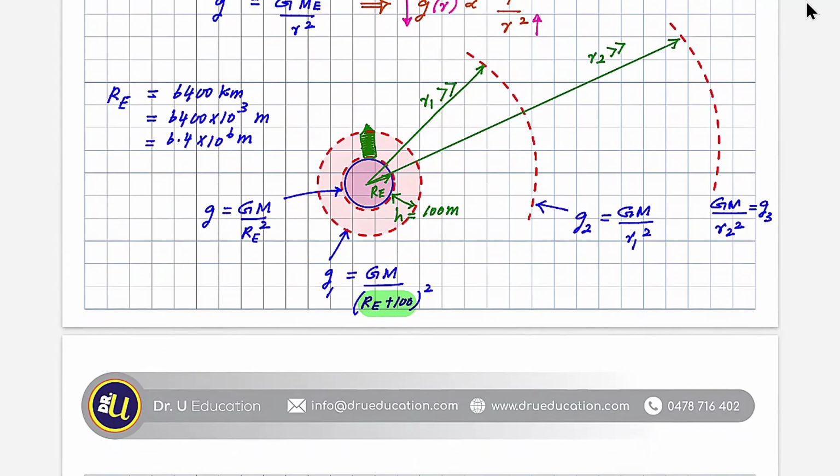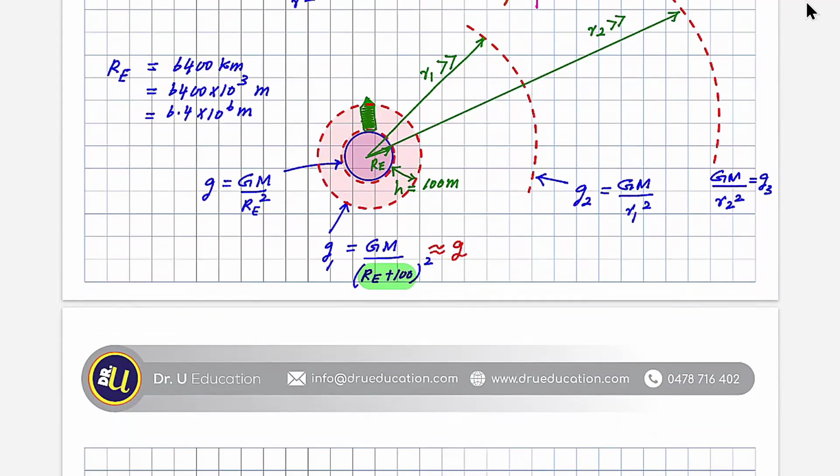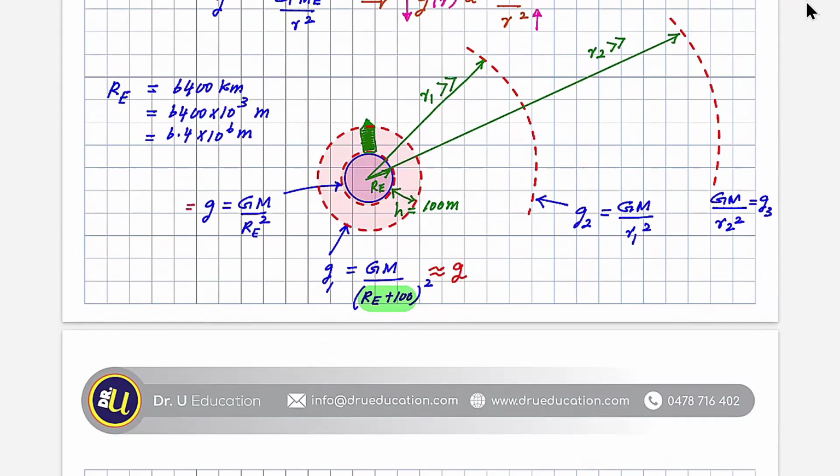Because of that, we write this one is similar to G. Now this G value is 9.81, what we use all the time. So this value is also 9.81 then.